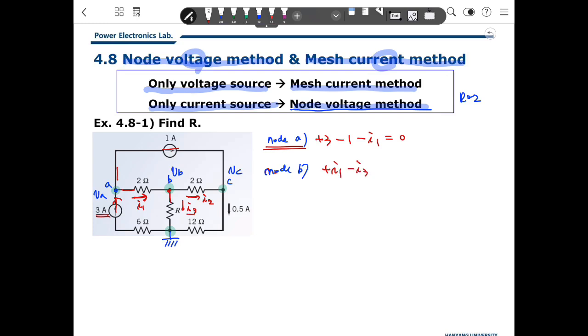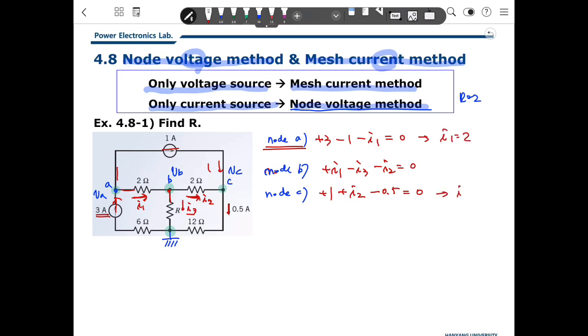I3 is going out, so minus I3, and minus I2 will be 0. How about node C? Going into 1 amp, so plus 1, and I2 is coming, and 0.5 is going out here. It will be 0.